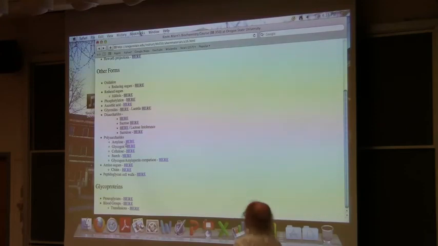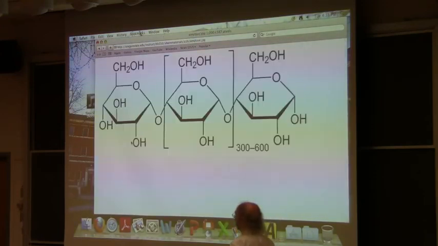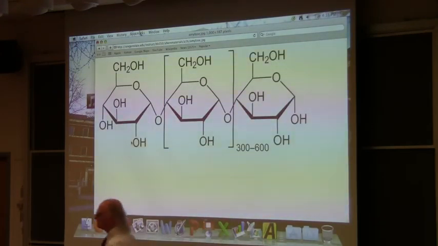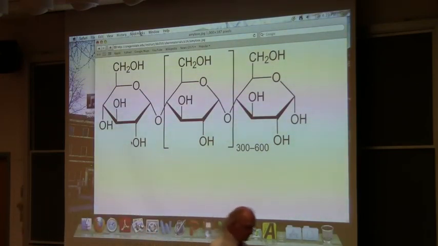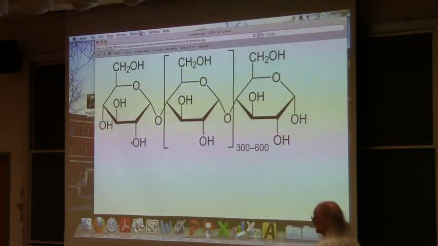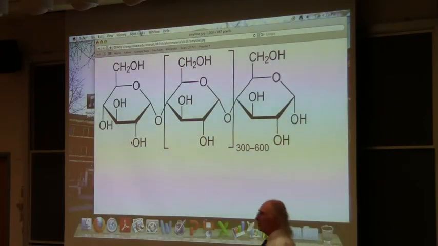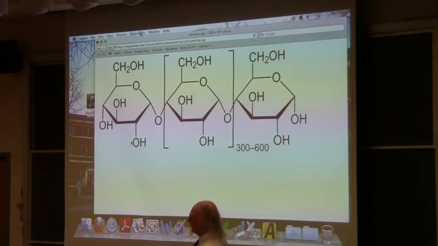Okay. Today's the day for stories. Polysaccharides. Polysaccharides, as the name suggests, contain many sugar residues joined to each other, sugar units joined to each other. And amylose is one in which all of the units are joined together in an identical fashion.